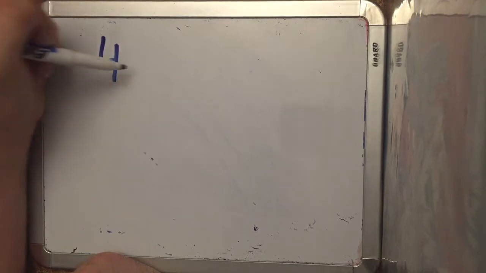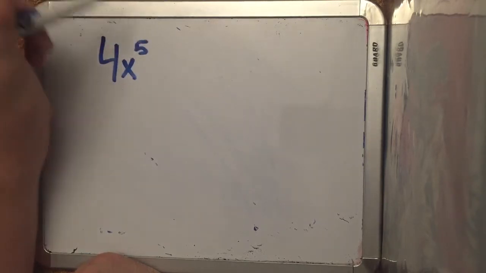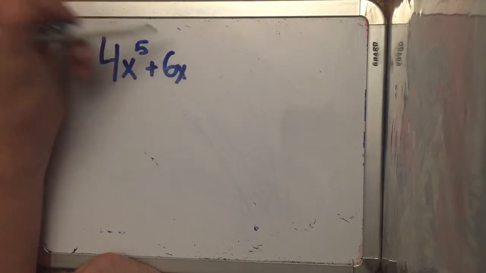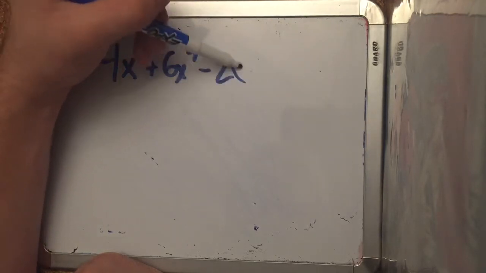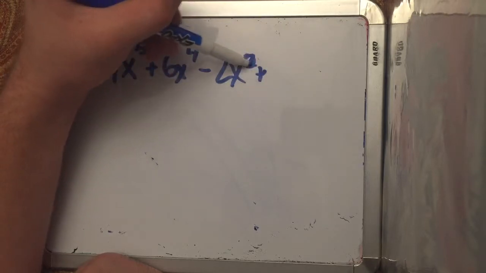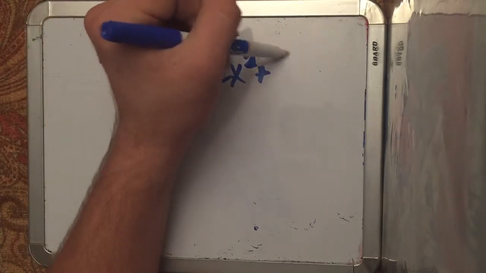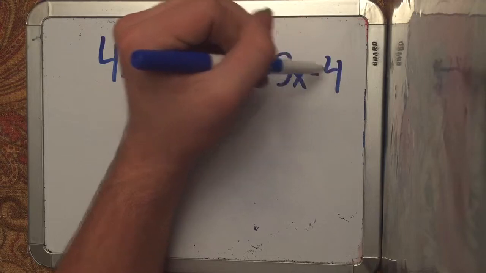So let's make this last one kind of complicated looking. And the key is to use the sum and difference rule in order to look at all these separately. So we got 4x to the 5th plus 6x to the 4th minus 2x squared plus 3x minus 4.